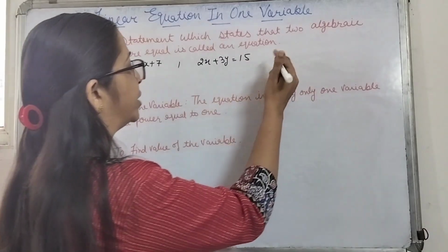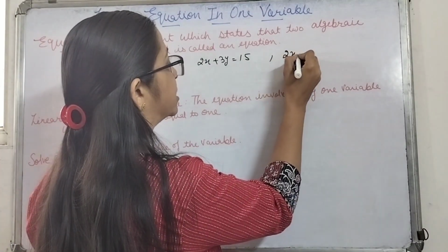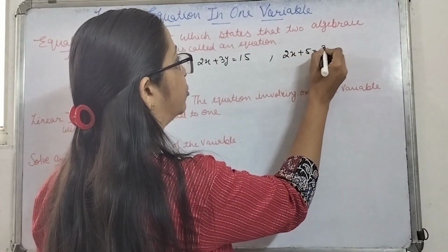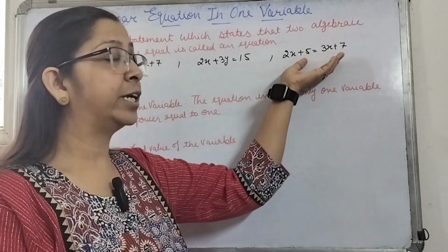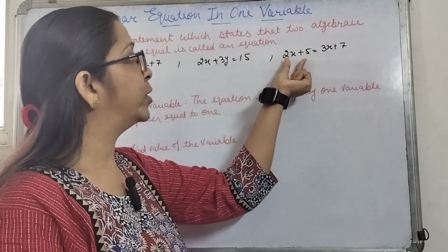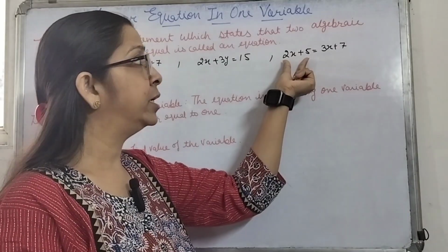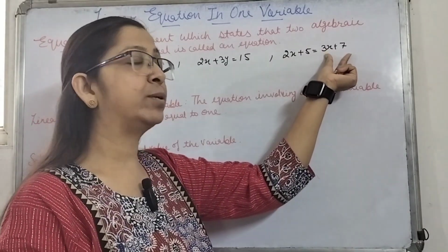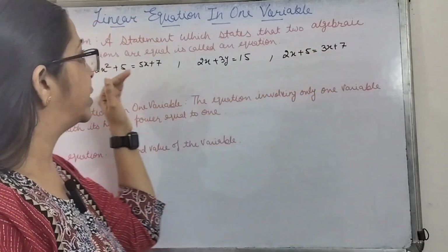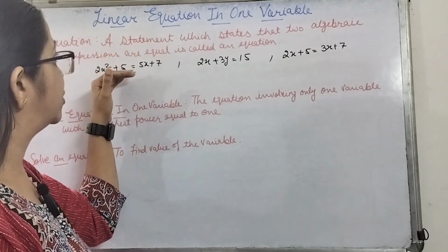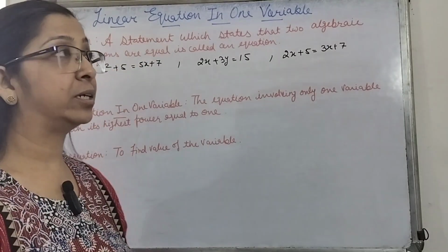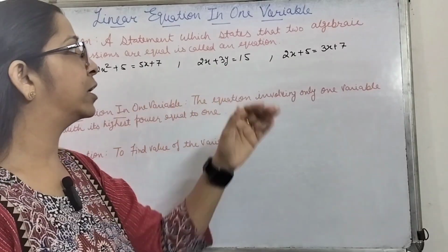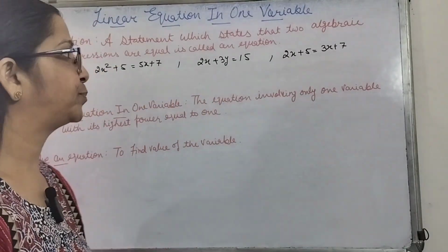Another example of an equation we can take is 2x plus 5 is equivalent to 3x plus 7. Over here, 2x plus 5 is one expression. It is equivalent to 3x plus 7, another expression. So whenever we mention that two algebraic expressions are equal to each other, such types of statements are known as an equation.